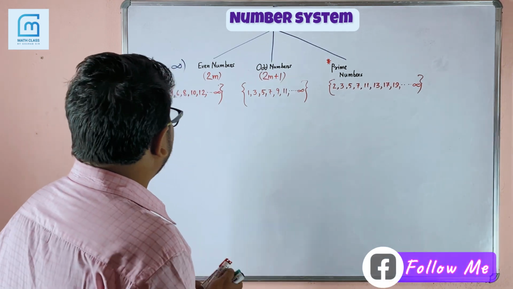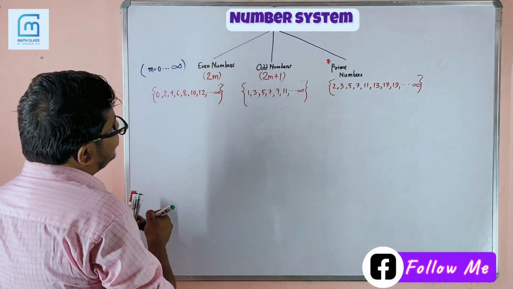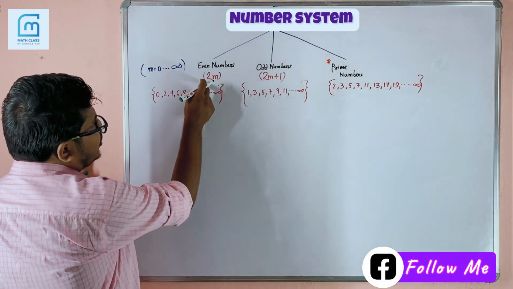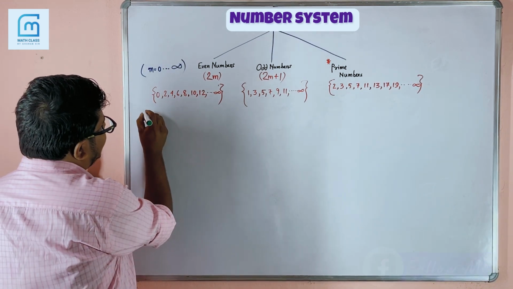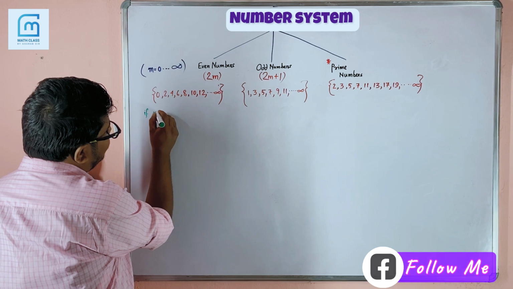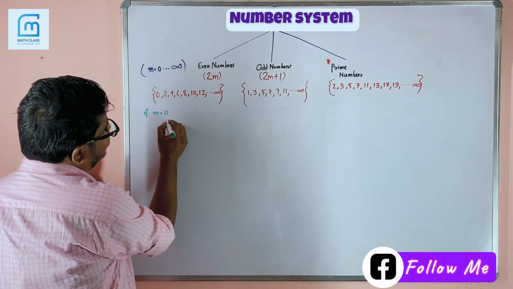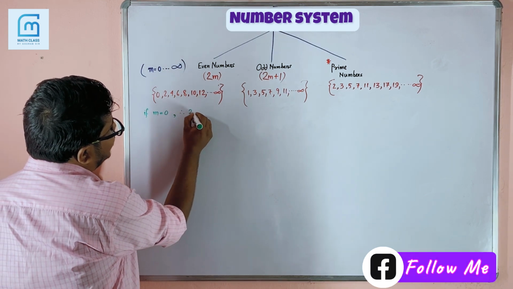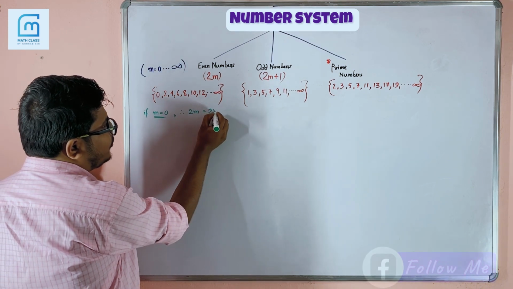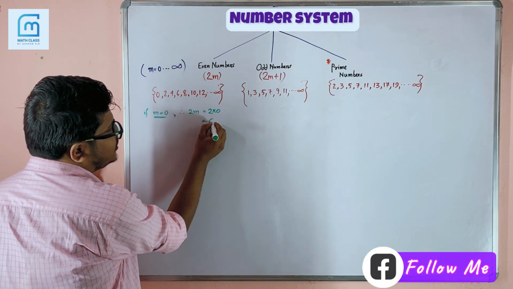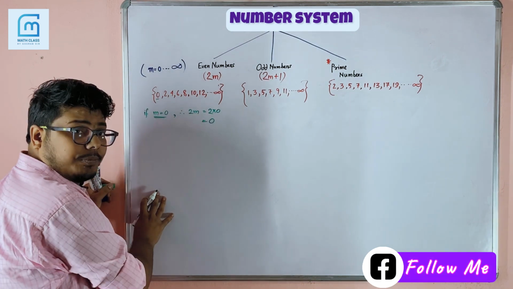Let's see some examples. If m equals 0 here, as 2m is an even number, therefore 2m will be, as m equals 0, we have to multiply by 0 here, the answer will be 0, and that is the first even number.